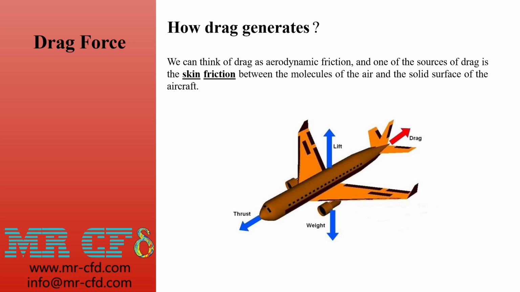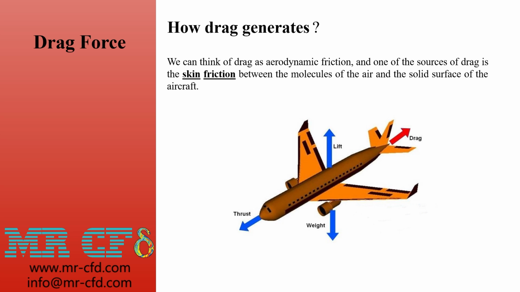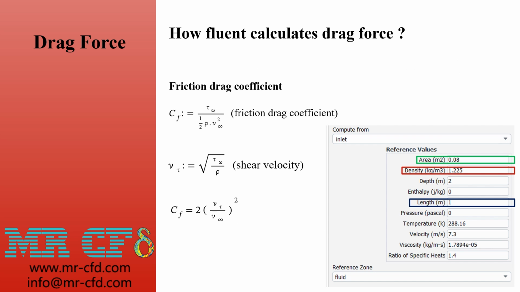So the next question is how drag is generated. We think of drag as an aerodynamic friction, and one of the sources of drag is skin friction between the molecules of the air and the solid surface of the aircraft. The friction drag coefficient is used for the characterization of the friction drag, which is caused by shear stress.